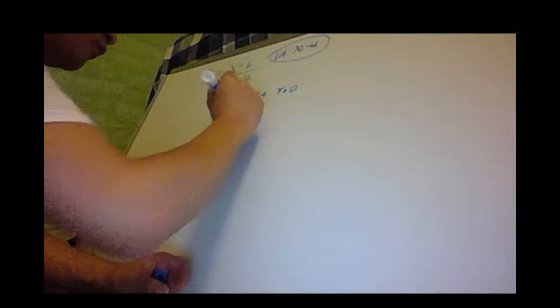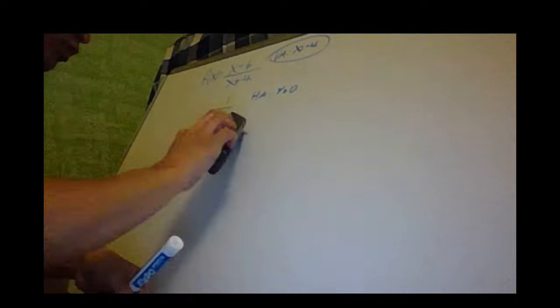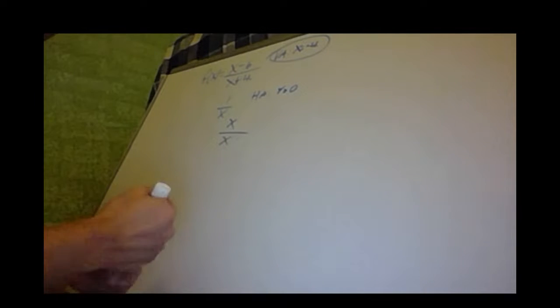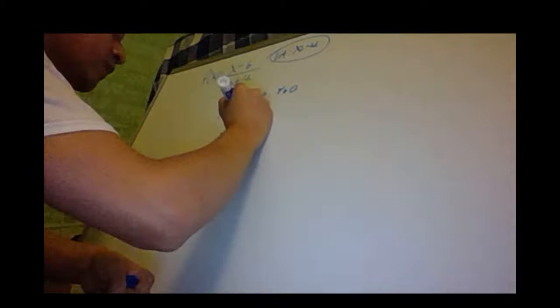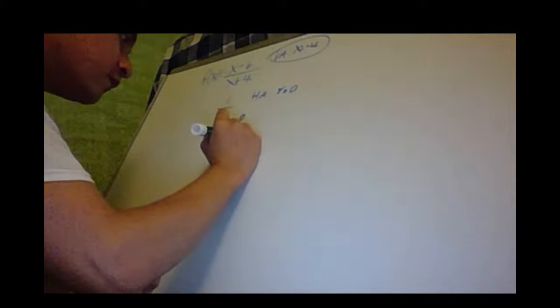And we notice that, and let me actually use different colors. We're going to say x to the 0 over x to the first power.